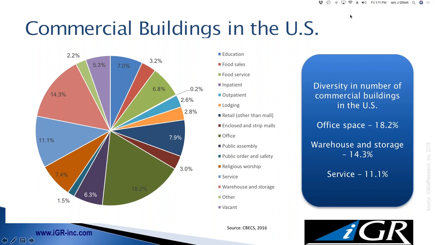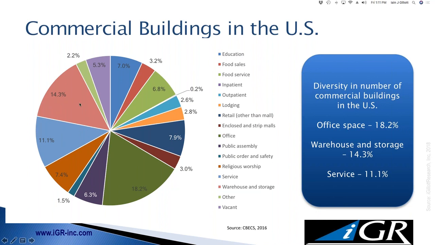But the number one use of commercial building space in the United States is office space. It's actually about 18.2% of the buildings out there, and it's this green area down here at the 4 o'clock to 6 o'clock position. Warehouse and storage is second at 14.3%. It's at the 9 o'clock to 11 o'clock position here.